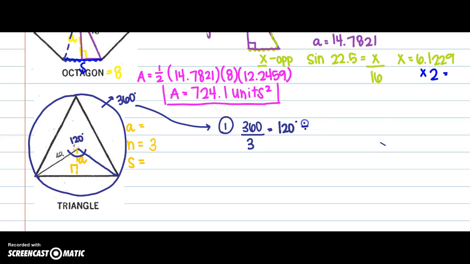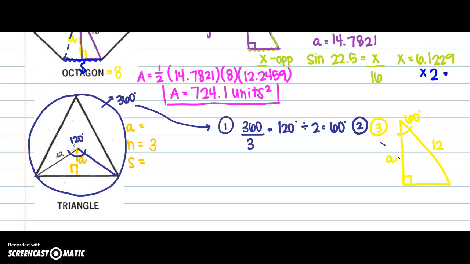So remember, I divide that by 2 to get me 60 degrees, so that's step 2. That allows me then to come and look for step number 3. I'm going to bring out that right triangle. So I have 12 that goes here. This would be 60. So let's first start out solving for our apothem.